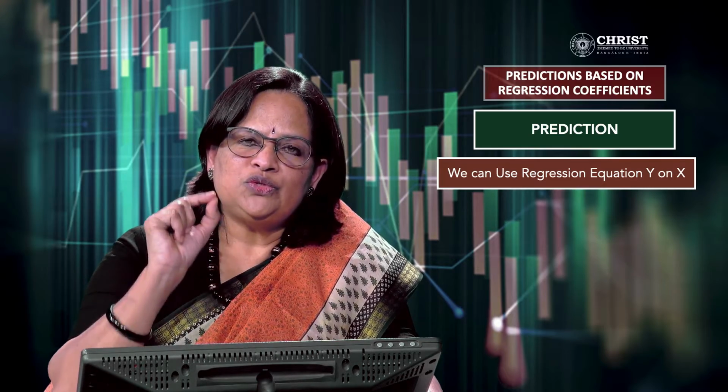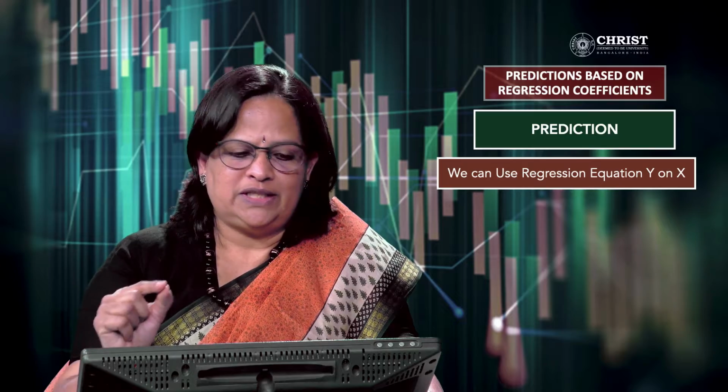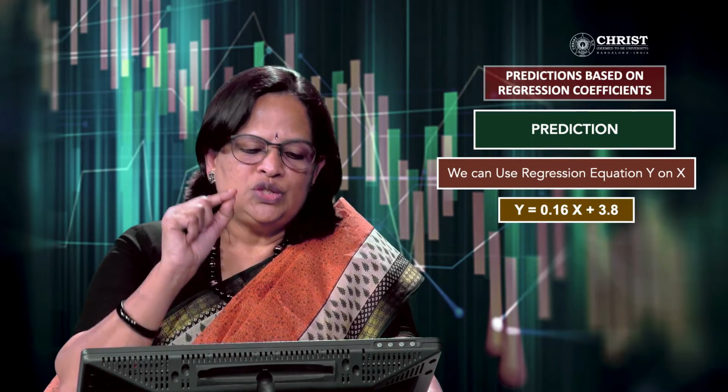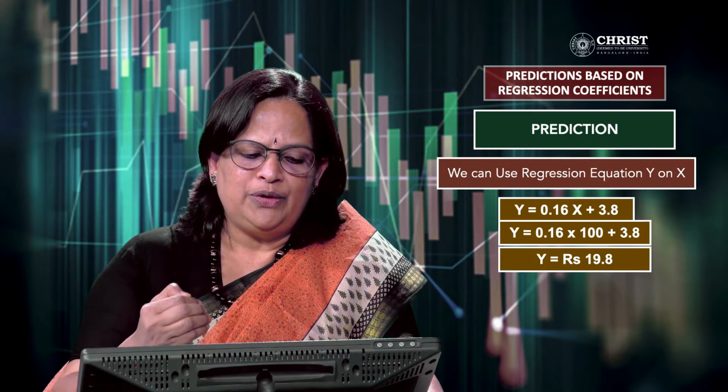That is why we use regression equation y on x. The equation is y equals 0.16x plus 3.8. So y equals 0.16 into 100 plus 3.8. We get 19.8.